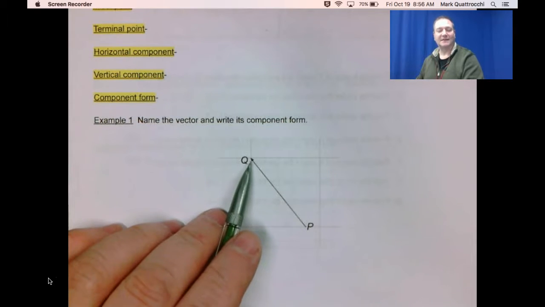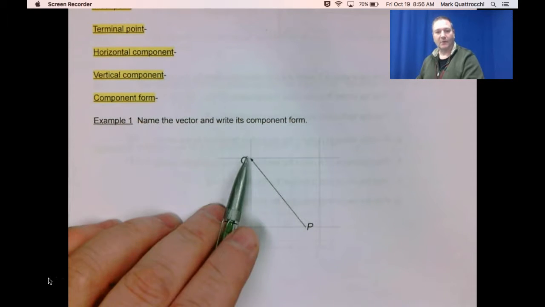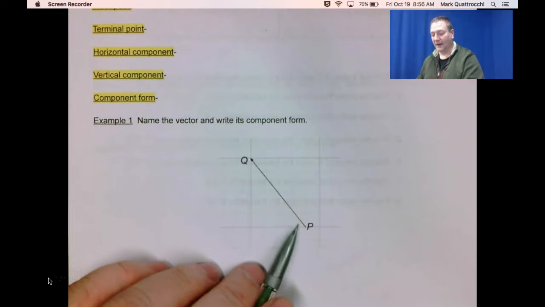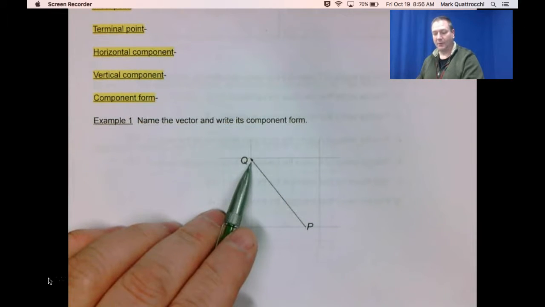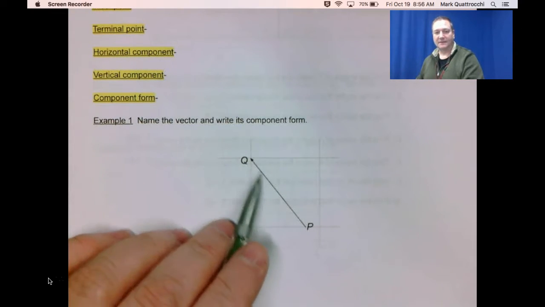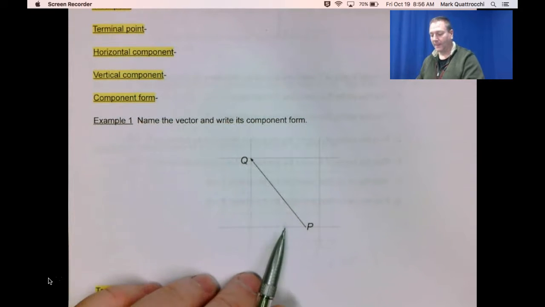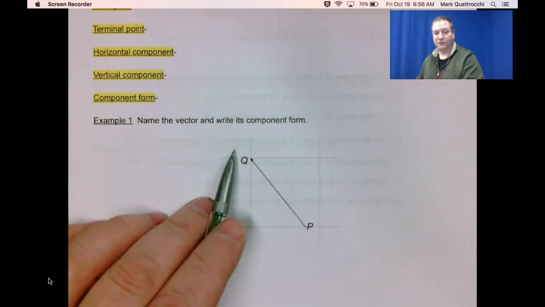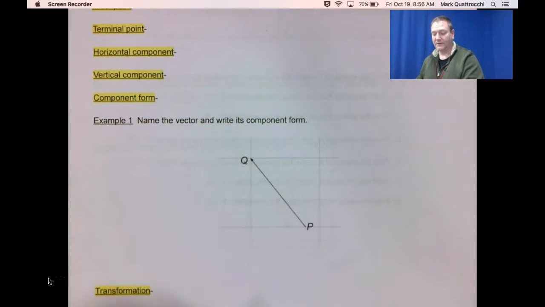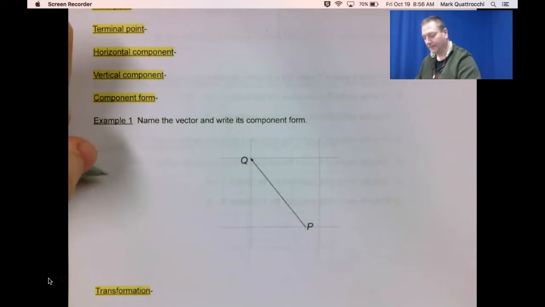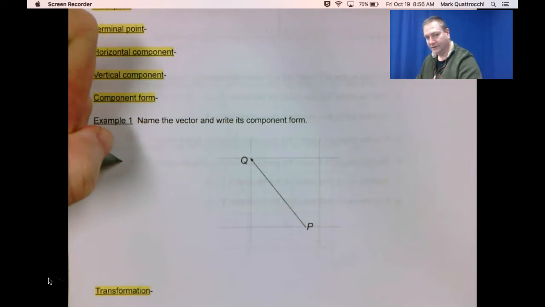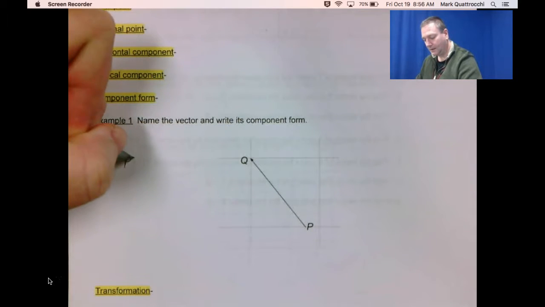It's actually more like a segment with direction. So it has a starting point and an end point. It doesn't continue past Q, but it does have a specific direction starting at P going to Q, unlike a segment. So the notation is P, Q.